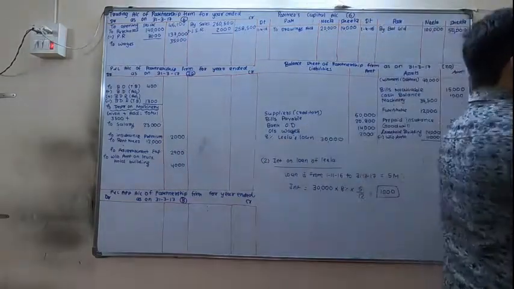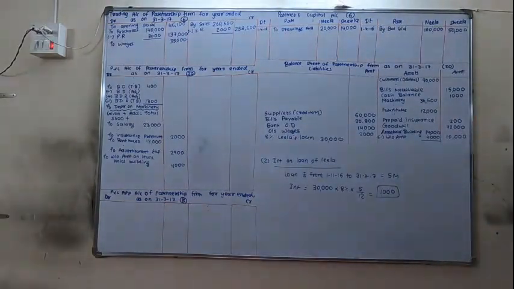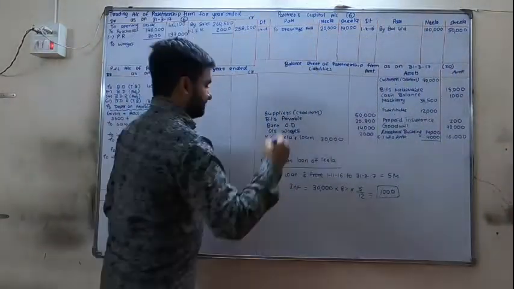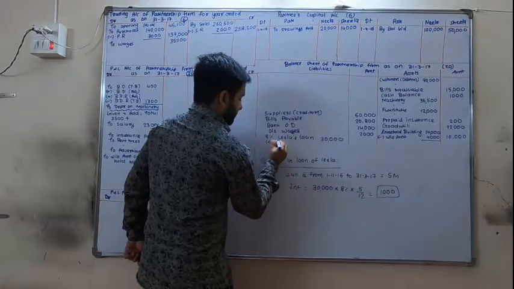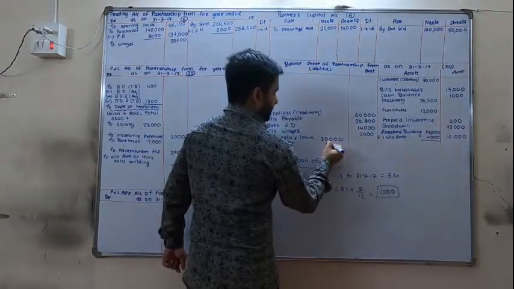So friends, interest is 1,000. So we will use two effects for this interest. We will add it to the loan and show it on the debit side of the profit and loss account. So we are adding here plus outstanding interest 1,000.